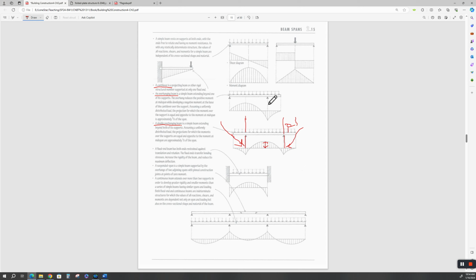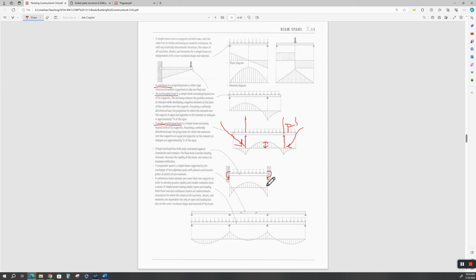I mean, you can only span so far, but if you make this all one monolithic piece of the structure, then you can play games with the moments and the shears. All right. Fixed beam ends. In other words, fixed beam means that this will resist rotation. That's all that means. It's a moment connection.